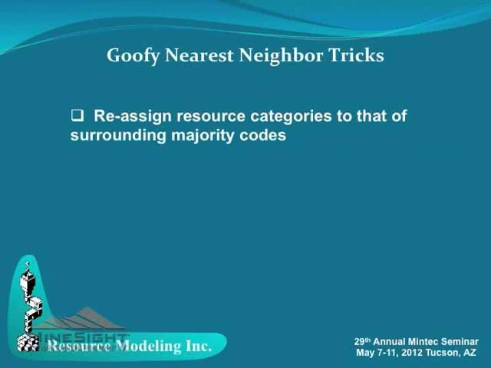These sorts of rules typically end up with a model that we call the spotted dog effect, where you've got these goofy patches of various classified information, and you know that's not the way it would be in the real world. It just happens that you happened to have drilled a hole there, and that's not necessarily demonstrating mineralized continuity by itself.